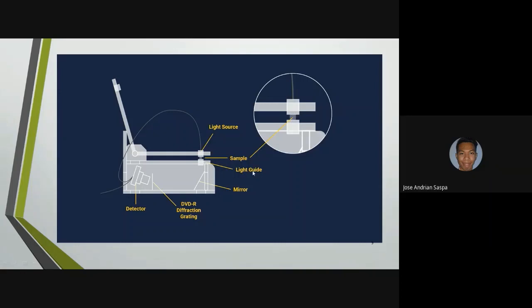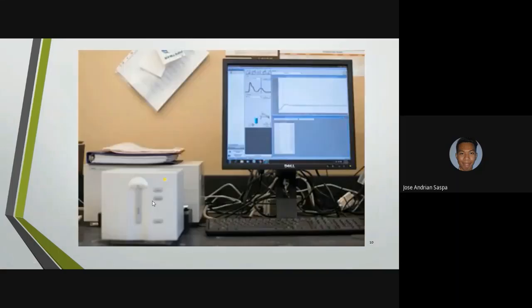And then the light guide, and then the mirror, and then we have the diffraction grating, this one, and then the detector. This detector is connected to our light source and also to the computer to process or analyze the data captured by our detector.